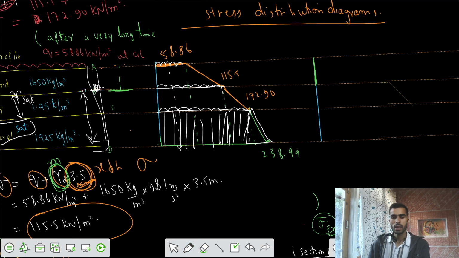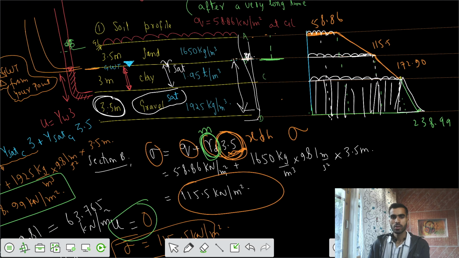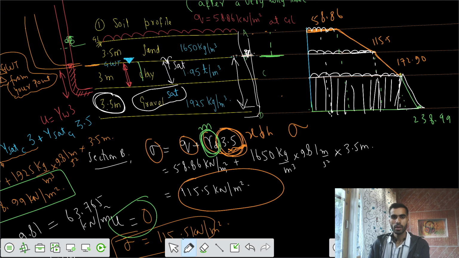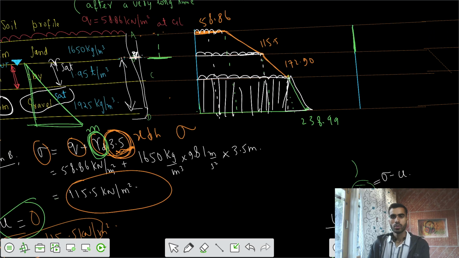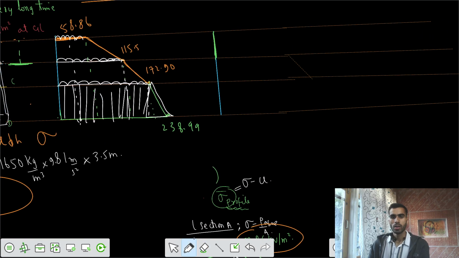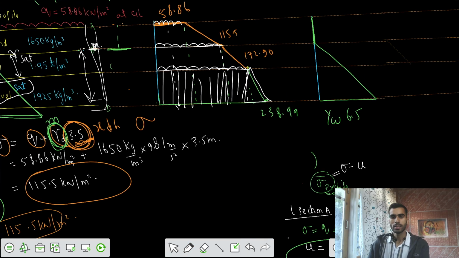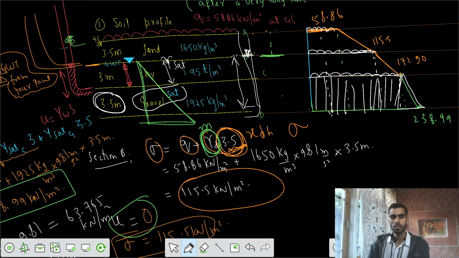After that, there would be a linear increase as per the hydrostatic condition. So we would have an increase of pressure with the increase in elevation. The linear variation for your pore water pressure would be gamma W into the total height of 6.5, that is the sum of the height of the clay layer plus the gravel layer, 6.5 into 9.81.